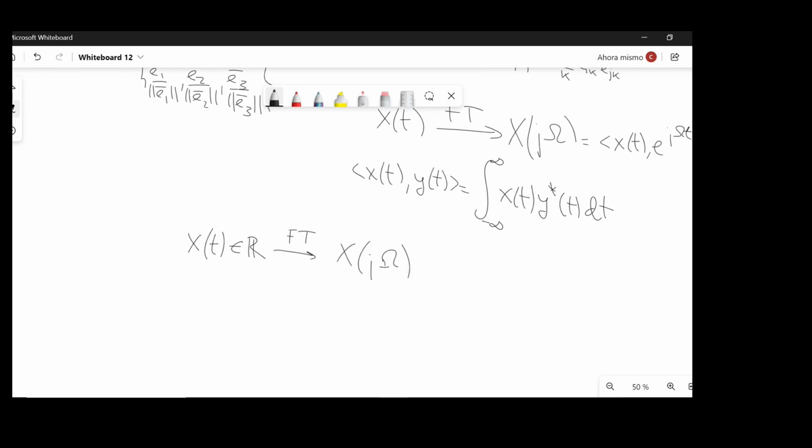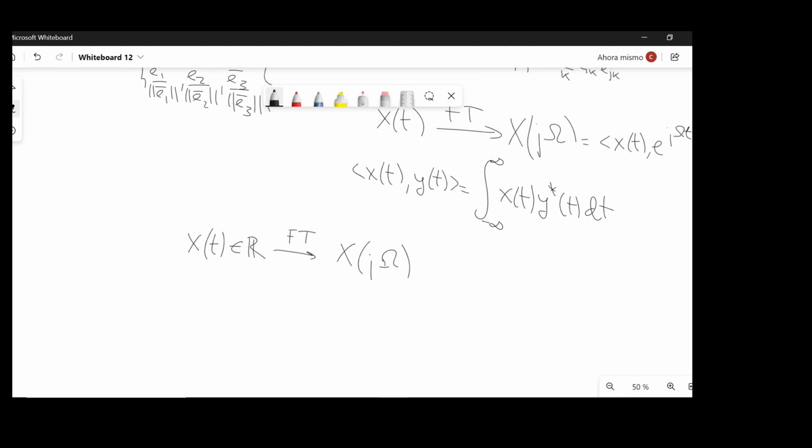And because this is real valued, what is a property that the Fourier transform must fulfill? That is the orthonormal. No, the Fourier transform doesn't have to be orthonormal. The basis of the Fourier transform has to be orthonormal. So the complex exponentials have to be orthonormal. But this one doesn't need to be.